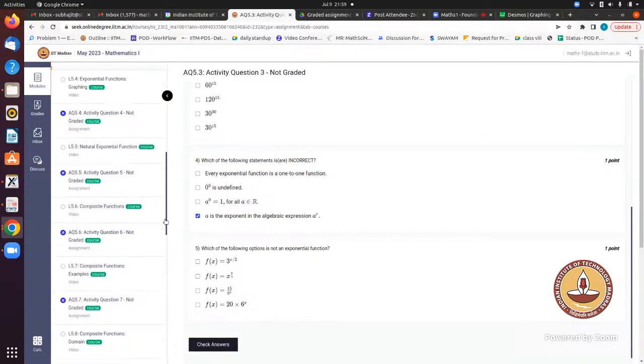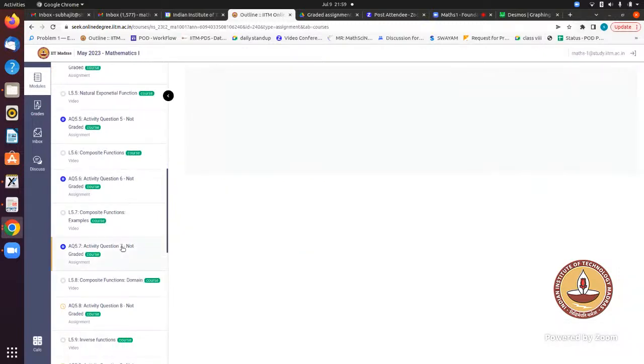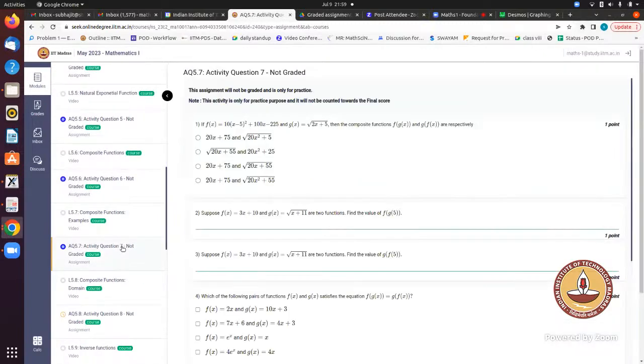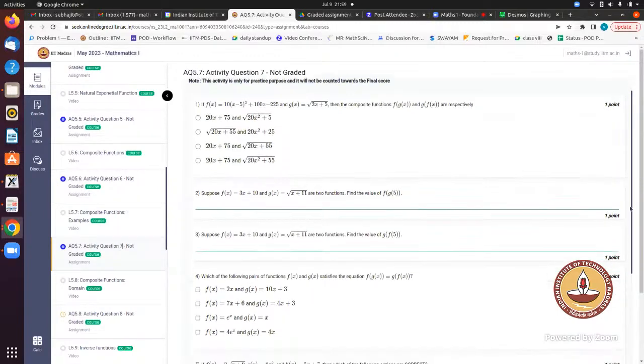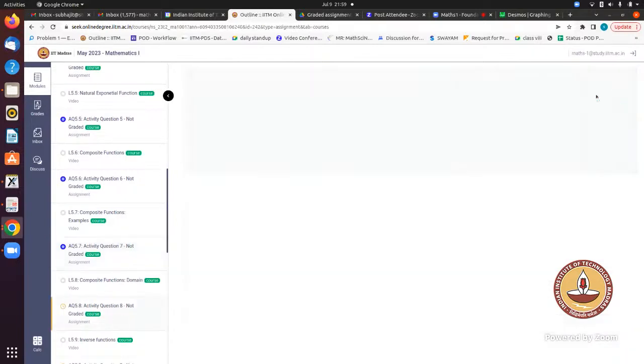Anything, you can select randomly. Whatever I have discussed, is that inverse function part clear? Were you there when I was discussing that? Yes, sir. Okay, fine. Let's see whether there is any inverse question here.